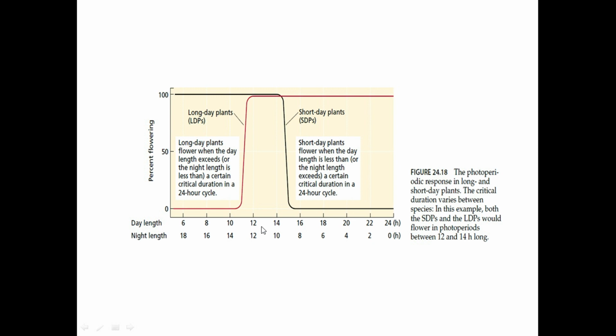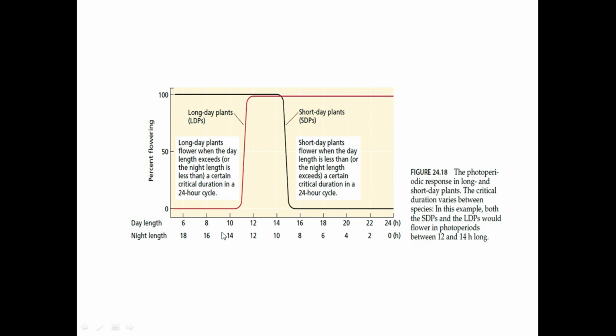Here in the x-axis, we have day length and night length, and here in the y-axis, we have percentage flowering. So let's first talk about the short day plant. In this short day plant, as you can see, the more its exposure to the night length, the more the percentage of flowering.